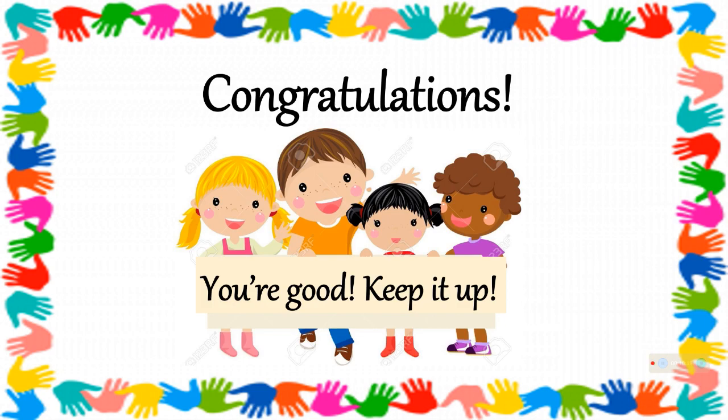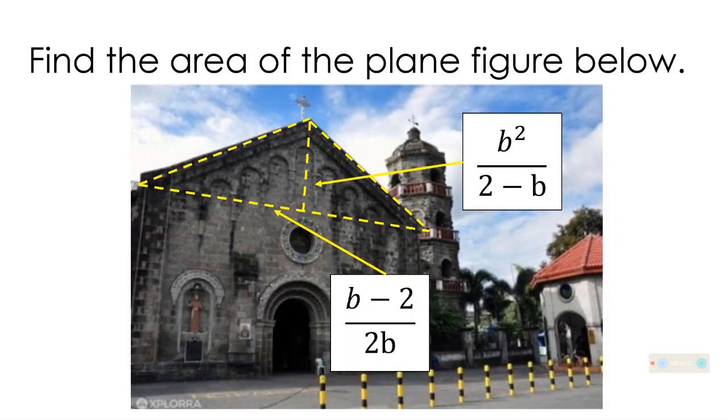But for now, I will give you some pictures here. And you are going to find the area of the plane figure below. So I have here, yes, it is the church of our municipality, of our city, General Trias. So I have here a triangle.